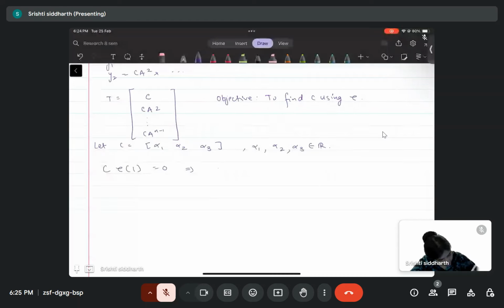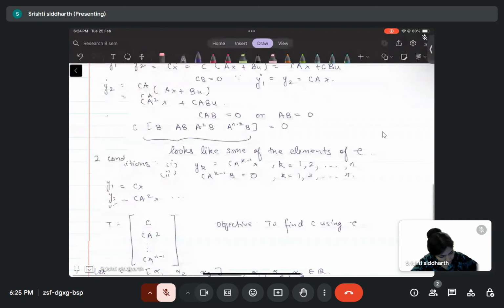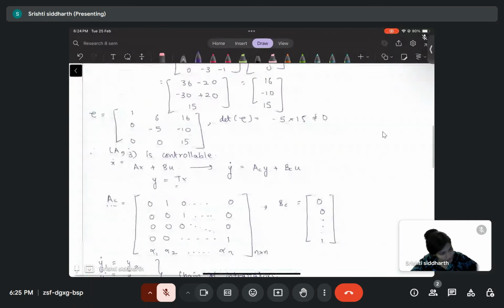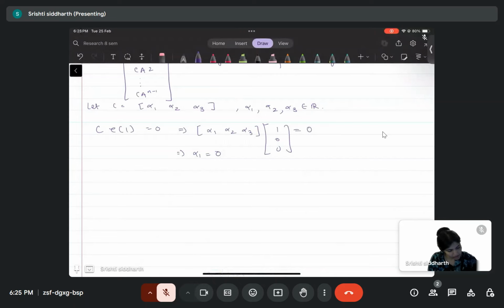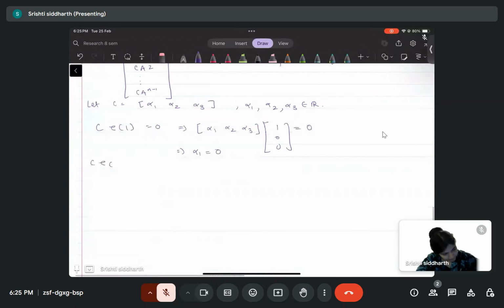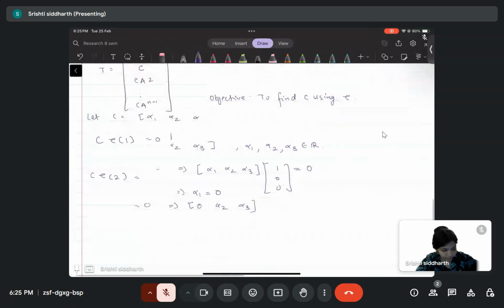Similarly, we have C times the second column equals 0, which implies that alpha 2 is 0.